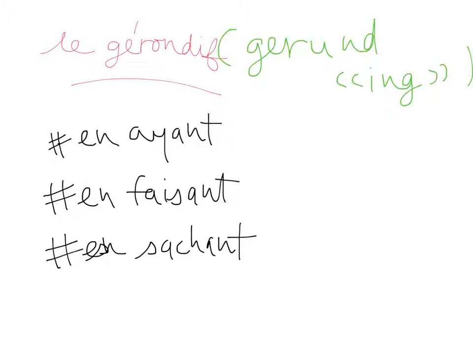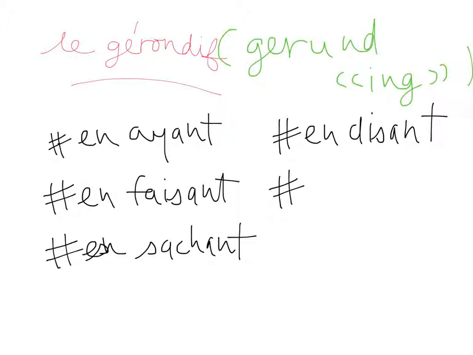And then you will have en disant. That can also be pretty common. And of course, the irregularities. If you have a GER verb like manger, keep in mind that there's going to be an E here.